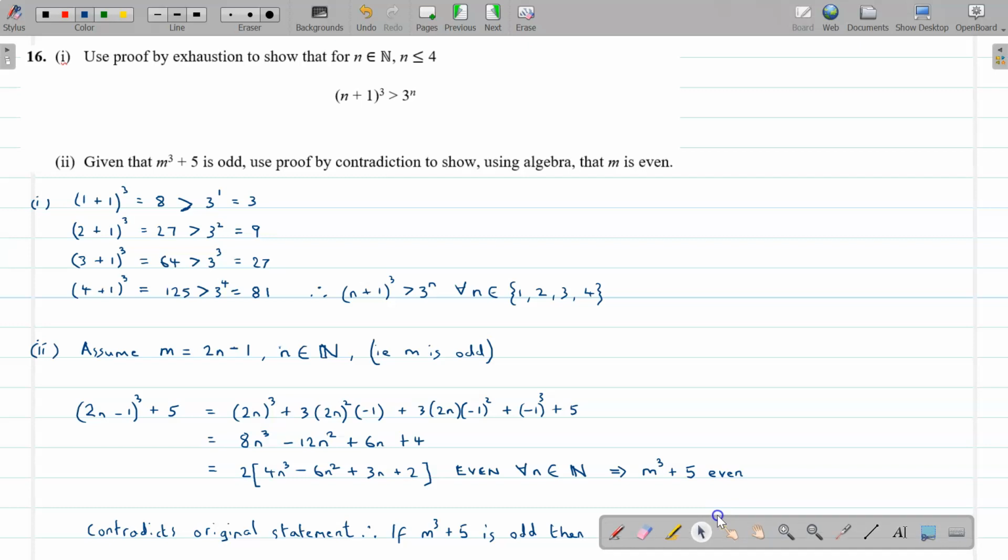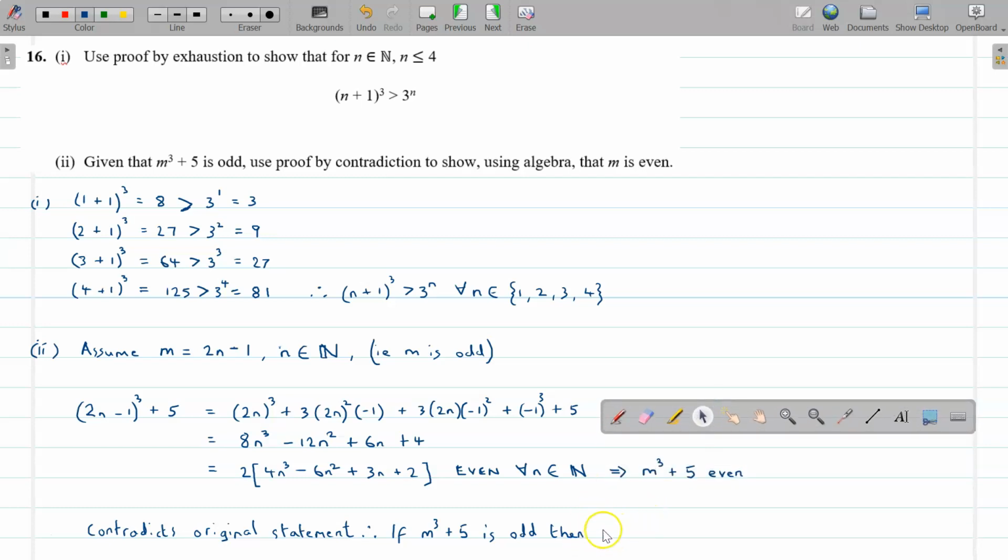Okay, let me just move this out of the way. Then m must be even. Okay, so there's a lot to write down on these things. You can't really avoid it. You have to write conclusions and meaningful statements, but try and be as brief as you can.